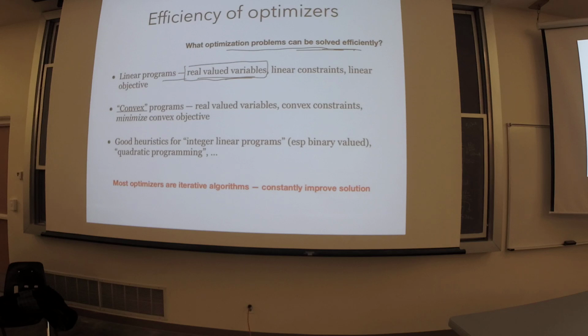Everything we've been seeing so far had binary values, right? Like for both the set cover and the problem that we just solved. And yeah, these can be solved in time polynomial in the number of variables.